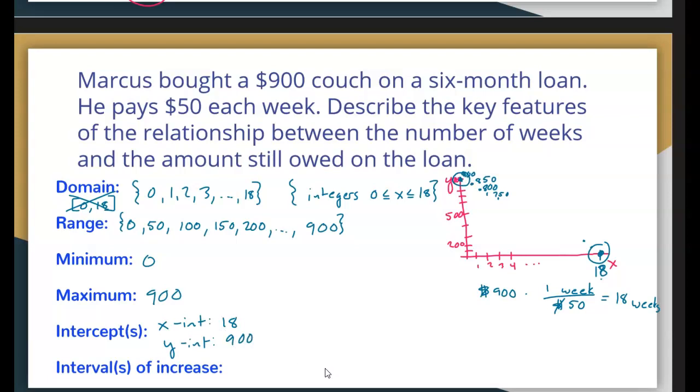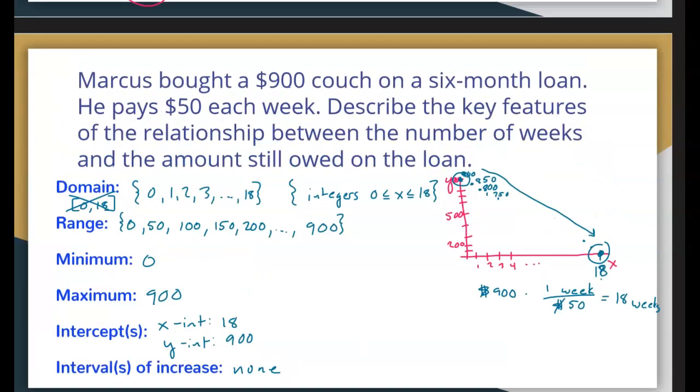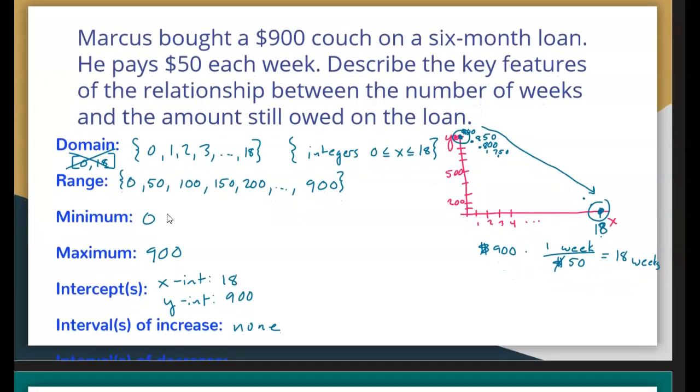Now we're looking for the interval of increase. Where is this function going up? Well, let's see, it's going down pretty much the whole time, so there is no interval of increase. That happens sometimes. There isn't one. And this slide got a little bit skewed. We're supposed to be looking for the interval of decrease as well, but it got pushed off the page.